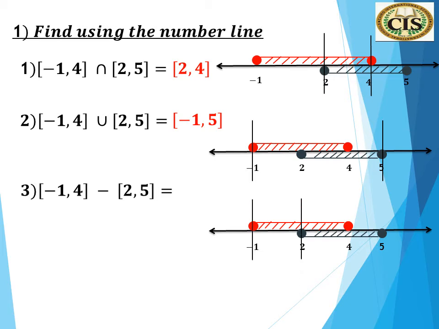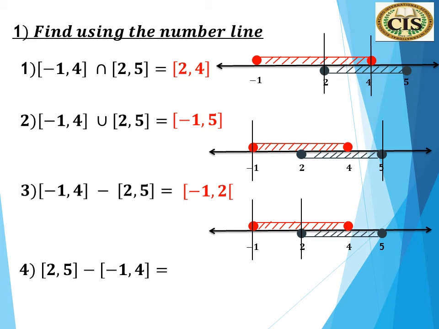It will be from negative 1 to 2. But the numbers which are common between the two parts will change the bracket. So we can write negative 1 closed and 2 open.